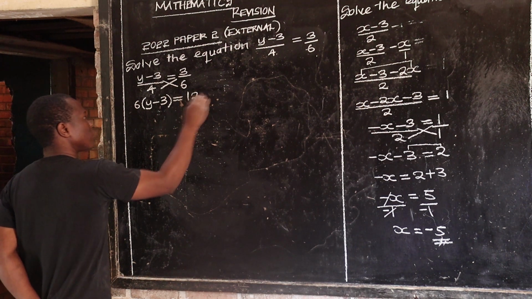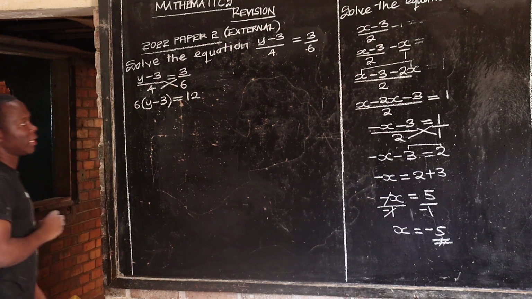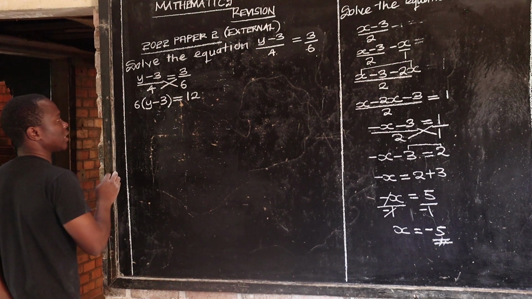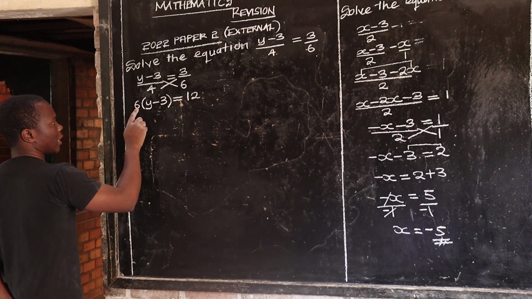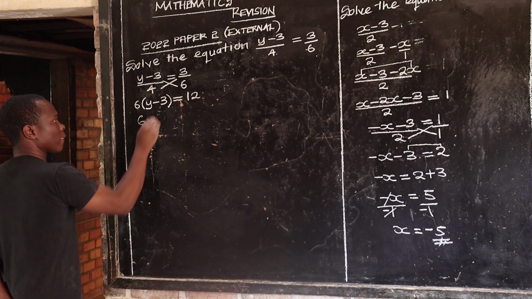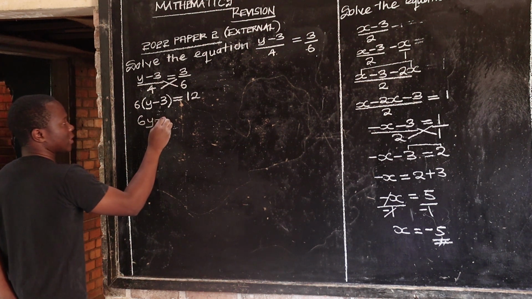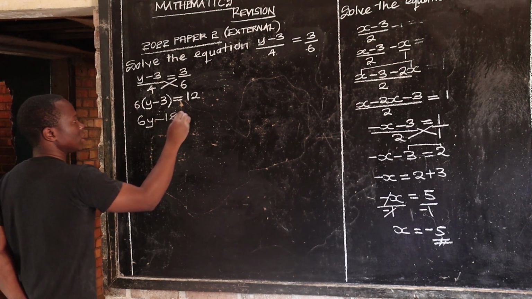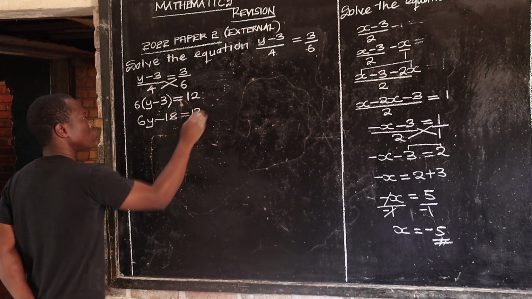Which is 12. Okay, so we can now remove the brackets direct and say 6 times y, you get 6y minus 6 times 3, you get what? 18 is equal to 12.